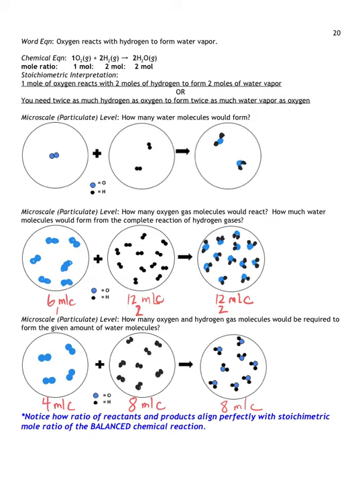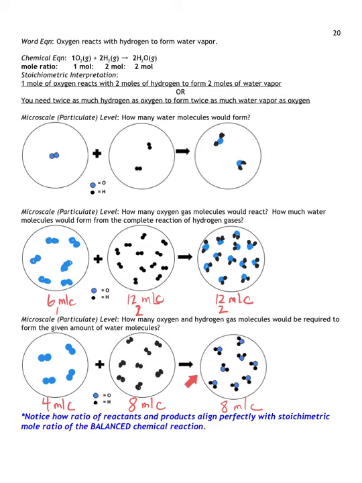And so again, notice how you end up with 8 molecules of hydrogen and 4 molecules of oxygen. Notice the ratio. It's a 4 to 8 to 8 reduced down to a 1 to 2 to 2. So you'll notice that all the ratios of reactants and products perfectly align with the stoichiometric mole ratio of the balanced equation, as you see above here.